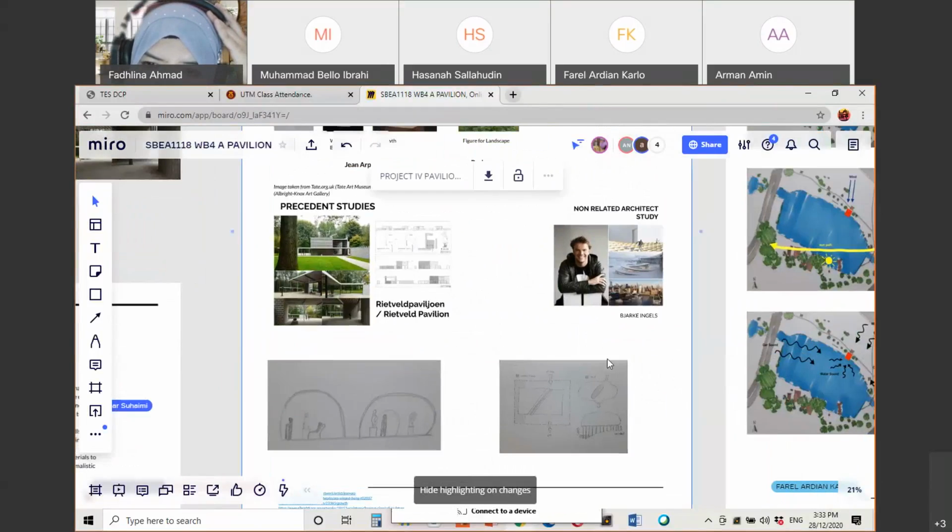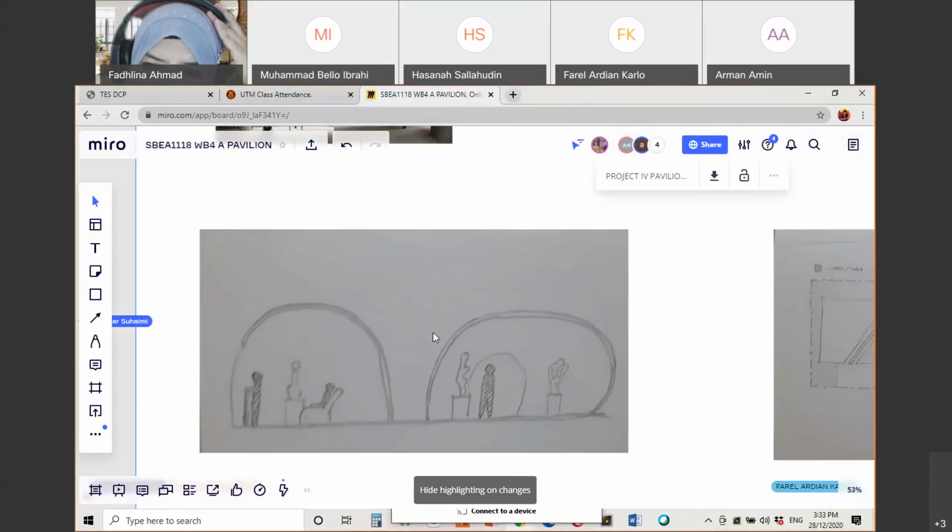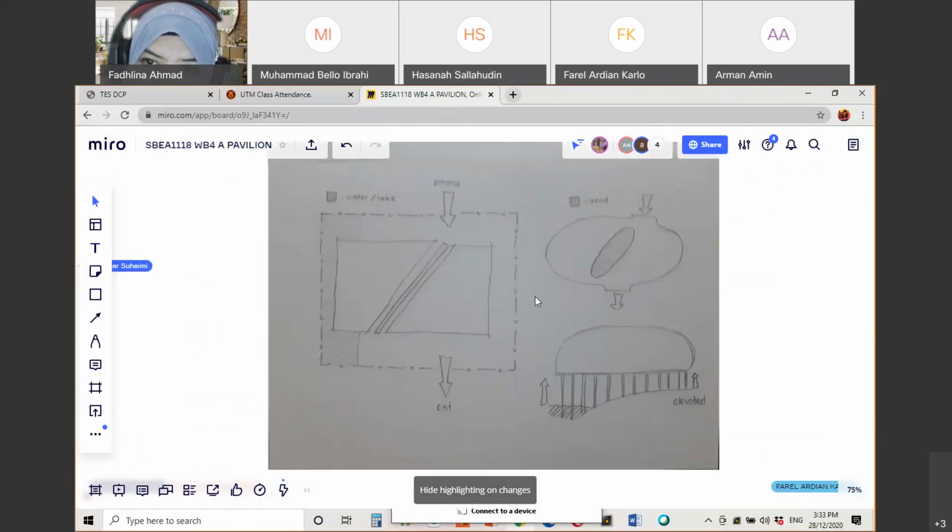Yes. So, this is one of the sketches that I drew. There are others, but the main idea is that the shape of the pavilion will be a donut-like shape with a hollow center. If you see the right image, there's the general shape of the pavilion.